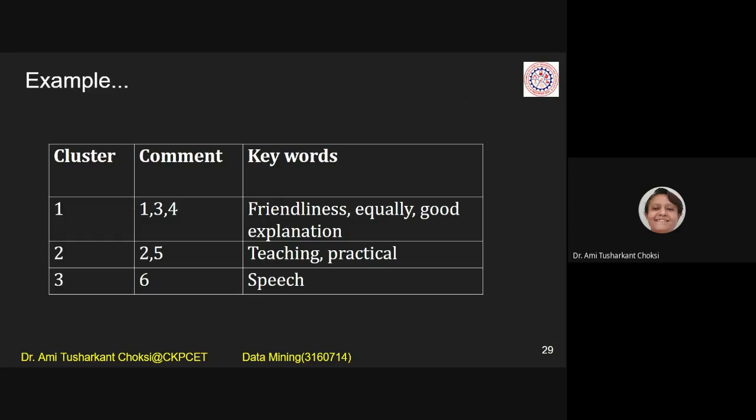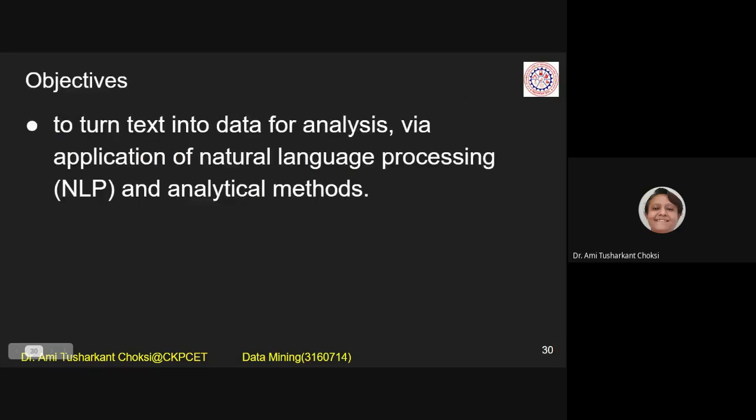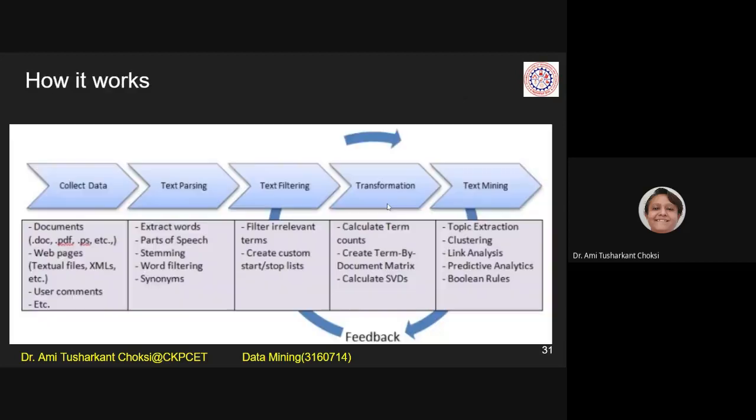There we use particular words, that is keywords, which are typically unique. Those we use to make the clusters, to do the classification, or for any other data mining results, right? So what is the objective? The objective is to turn text into data for analysis via application of natural language processing and analytical methods, right?